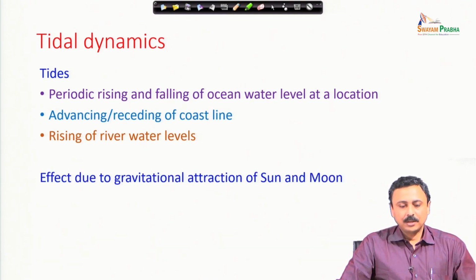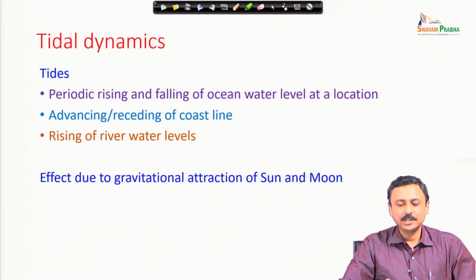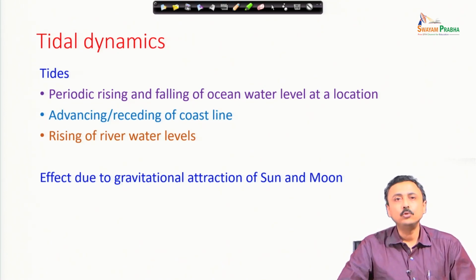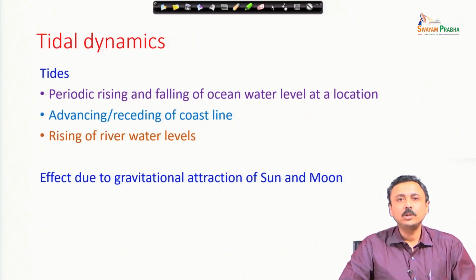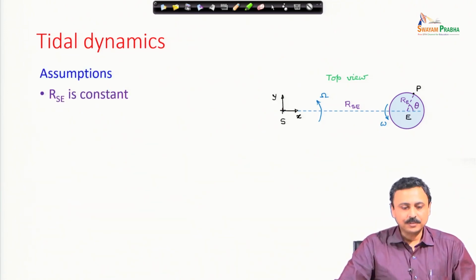Okay. Now, why do we have tides? We have tides essentially because of the gravitational attraction of the sun and the moon, and this is what we are going to now analyze. Now, this is essentially a very complex problem, but we are going to simplify it by making some assumptions. The first assumption is that the sun earth distance is fixed, it is constant.